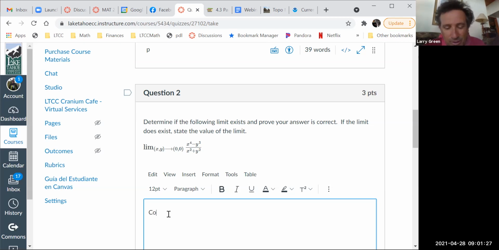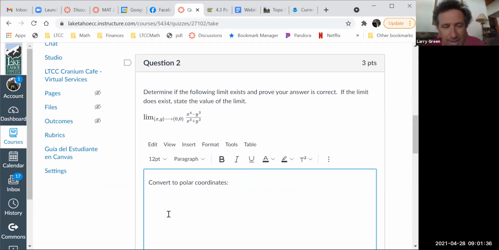So convert to polar coordinates. And when we do that, we have the limit as r approaches 0. Now let's plug in what we get. So x to the fourth is r to the fourth times cosine to the fourth of theta, since x is equal to r cosine theta.